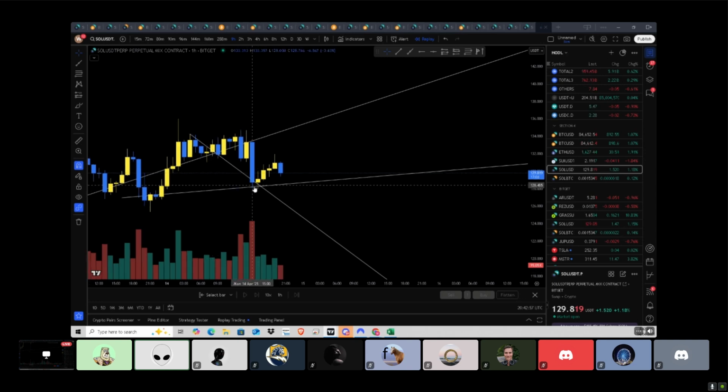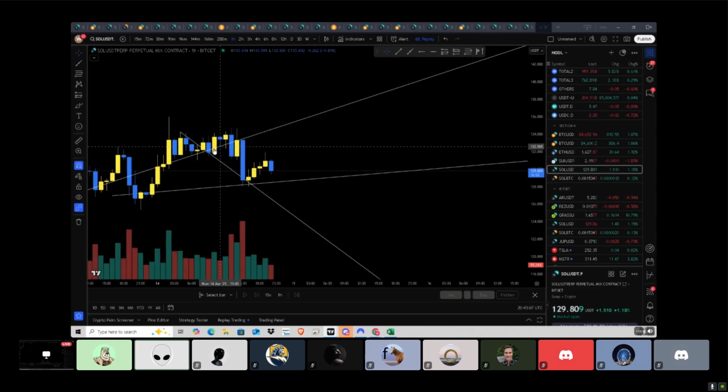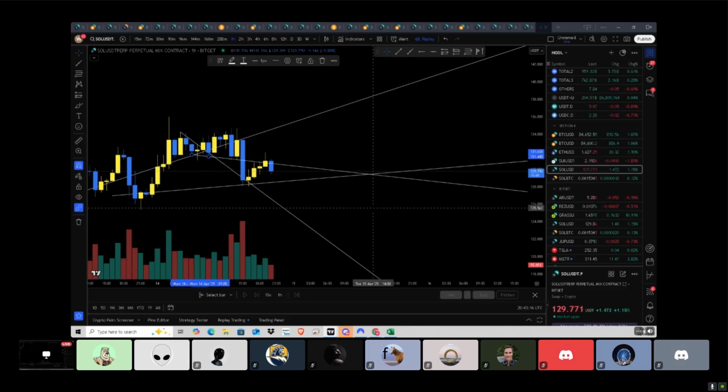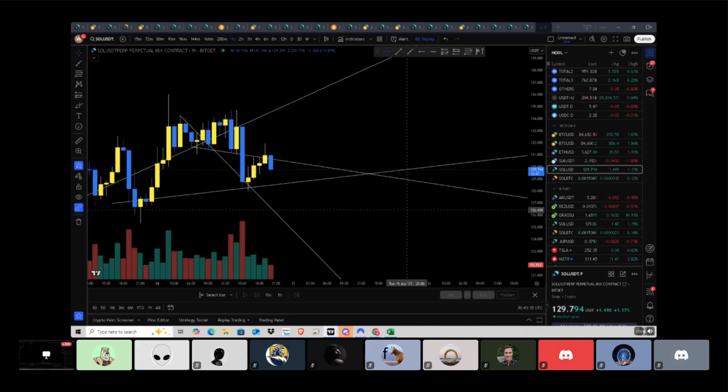Yeah, so that was a good entry point for a long on the reverse of that retest, and also the creation of that. So you had two things. We could hold that up. You've got that. Okay, so that's holding it down.